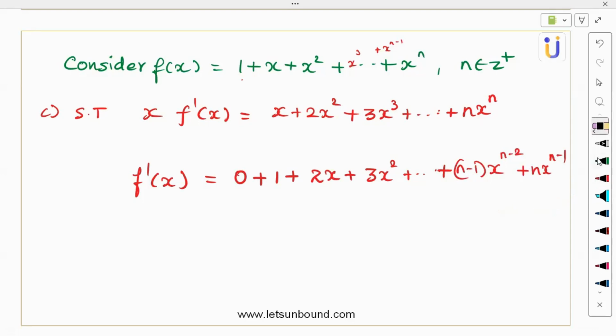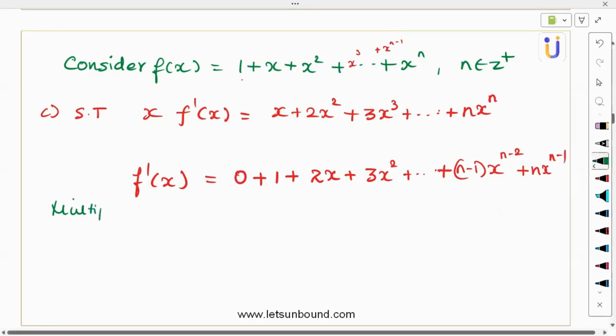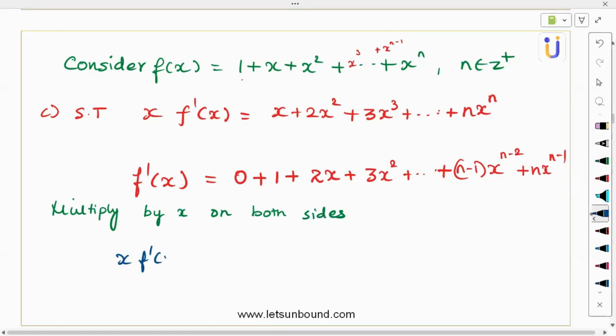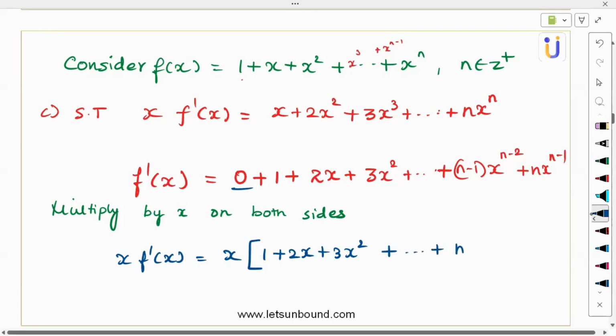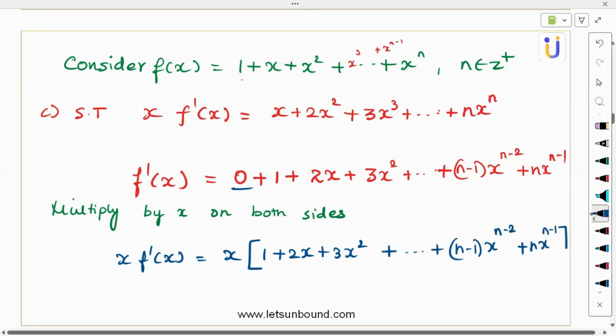Now, f dash of x I have. What do I need to prove? x times f dash of x. So, let us multiply by x on both the sides. We will have x f dash of x, which is my desired LHS. And the right side will become, the 0 will vanish, and x into 1 plus 2x, 3x square, and so on, n minus 1 x power n minus 2 plus n into x power n minus 1.